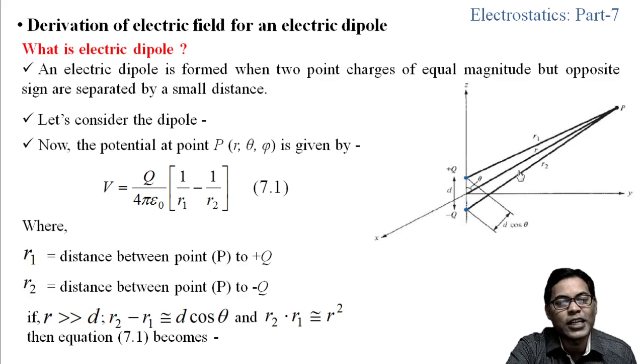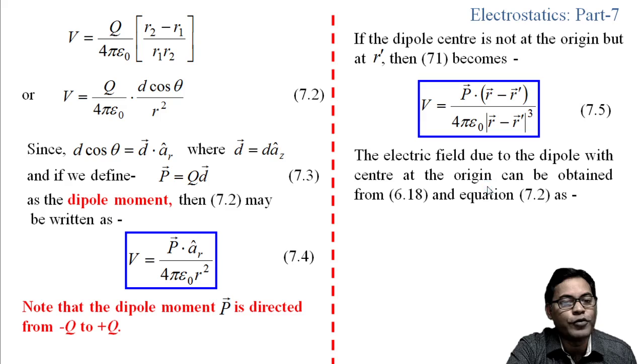So in this direction if we consider unit vector ar, d cos theta can be written as vector d dot ar. The magnitude of ar is 1, so d cos theta can be written as d dot ar.